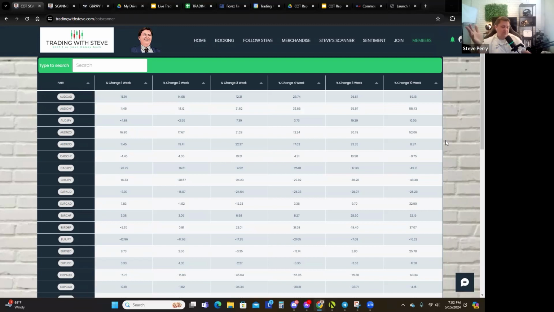The reason why this data is really important and useful as a trader is because we're able to figure out what the banks are buying on a week-to-week basis. So why would that be important to you and me? I think it's pretty obvious, but it's important because the banks are really good at trading and they also control the markets.